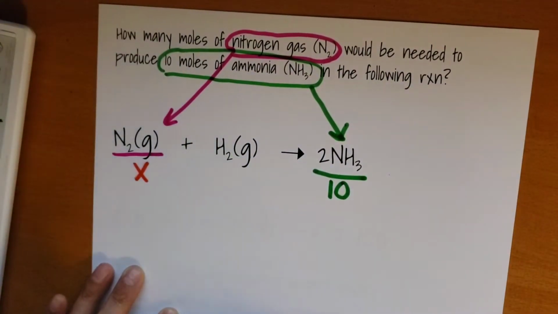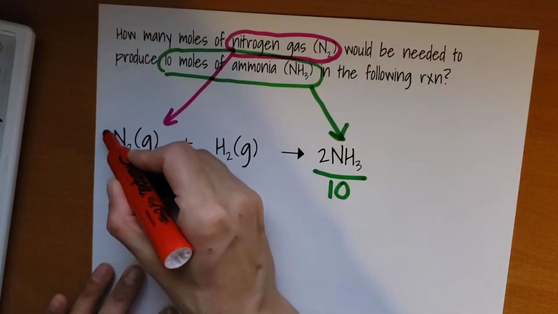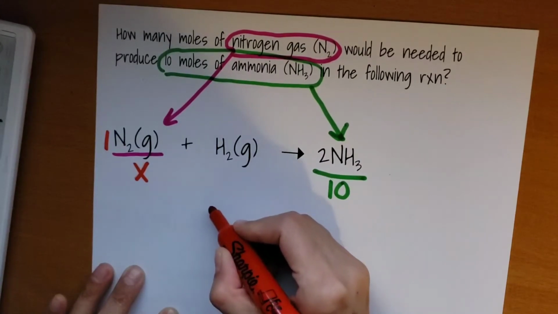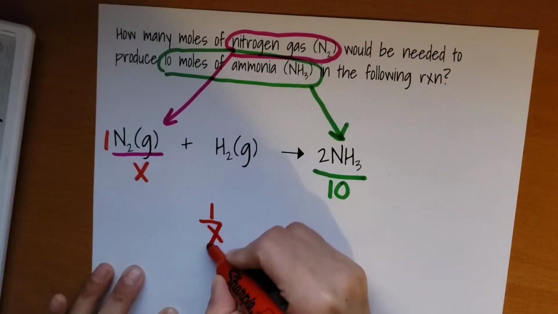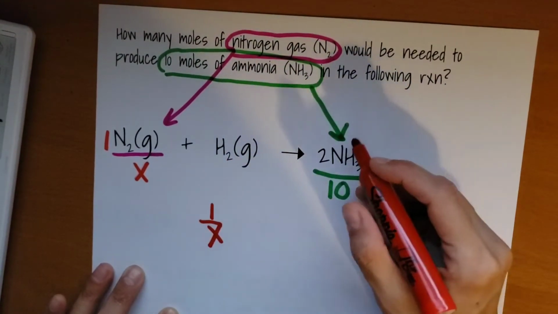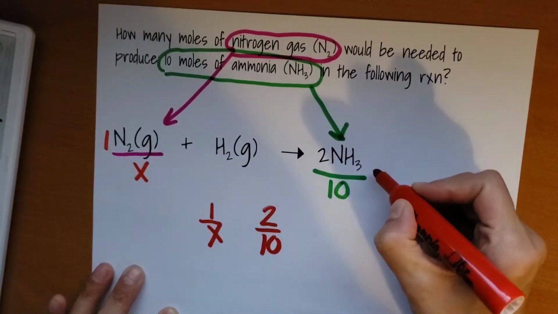So this will set us up to make 2 equivalent fractions based on the coefficient. So the coefficient on nitrogen is not written, but it's understood to be 1. So my fraction is 1 over X from the nitrogen and 2 over 10 from the ammonia.